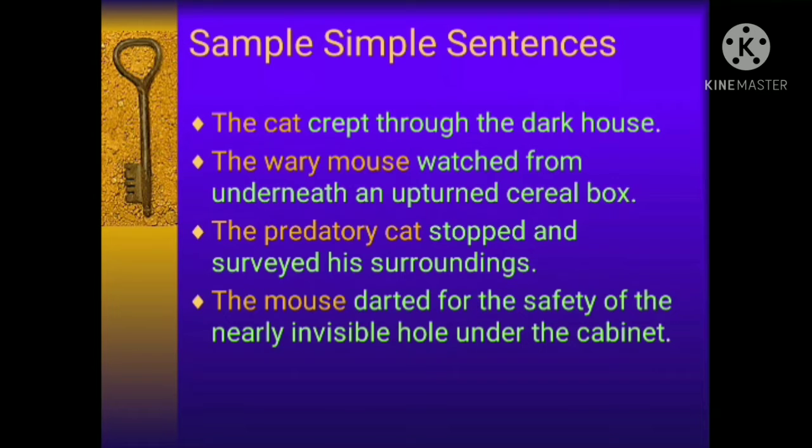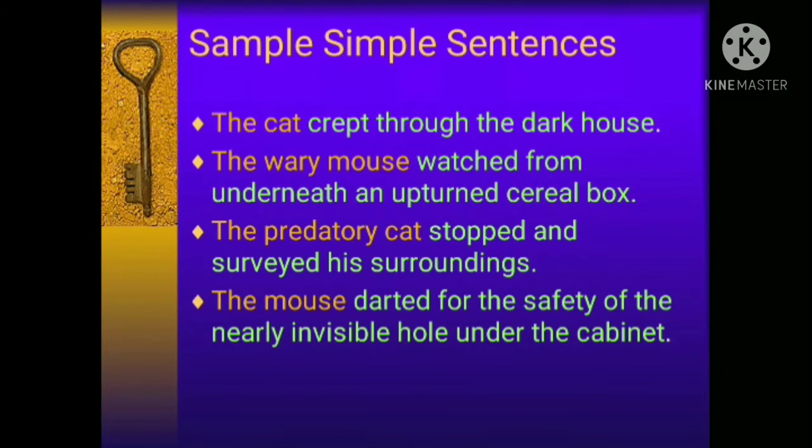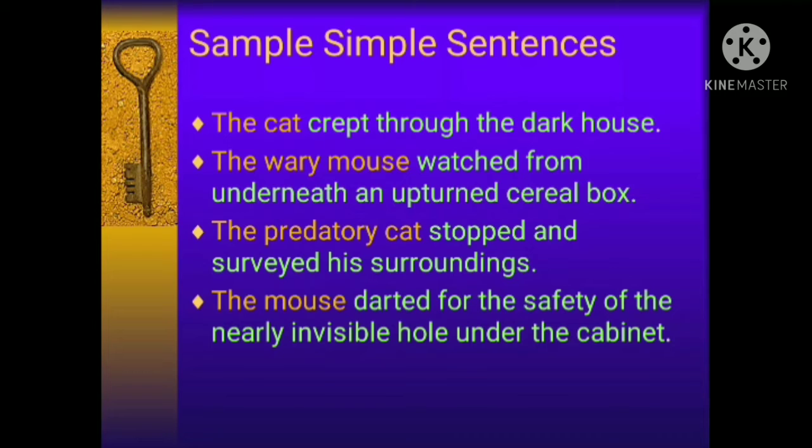Another example is also given there for you. You can go through this. There are four examples; the first part is the subject, and the second part, which is written in green, is the predicate. So I'm sure everybody has understood what a simple sentence is. Let me once more clarify: a simple sentence expresses one complete idea.